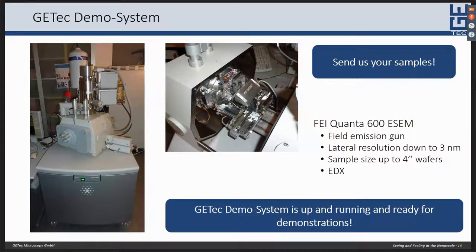If you'd like to know if the AFSEM is perfect for the characterization of your samples, please feel free to contact us and send us your samples, and we're happy to perform live demonstrations together with you on your sample directly here in Vienna, or also, if you're living further away, online via the internet.